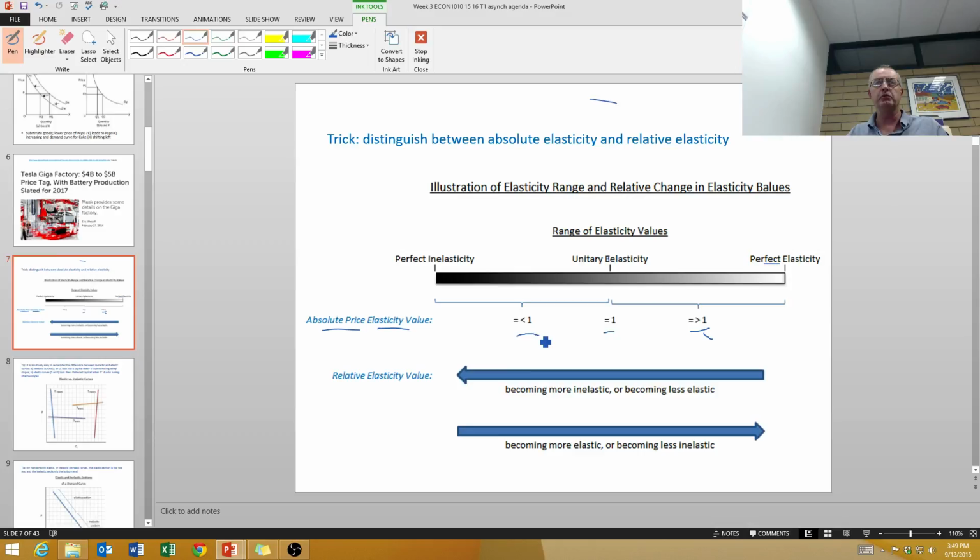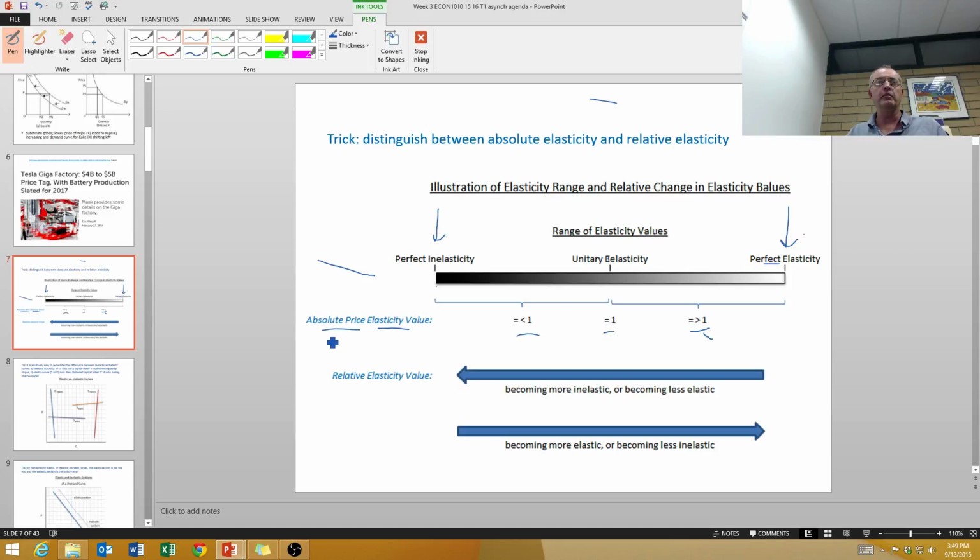If the value was between 0 and 1, then we have inelasticity. And we have these two extremes. We have perfect elasticity at one end, and perfect inelasticity at the other end. And so I've used this shaded line to represent this gradation between these two extremes.